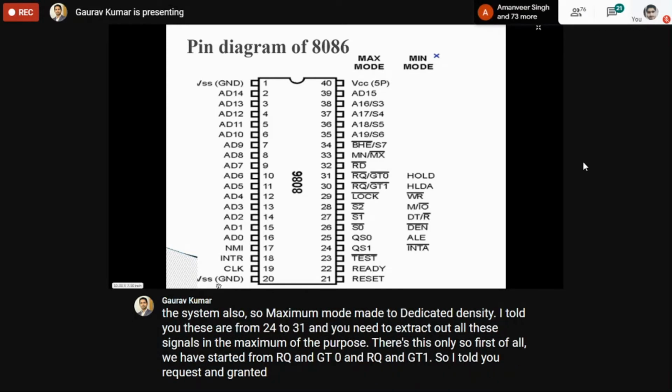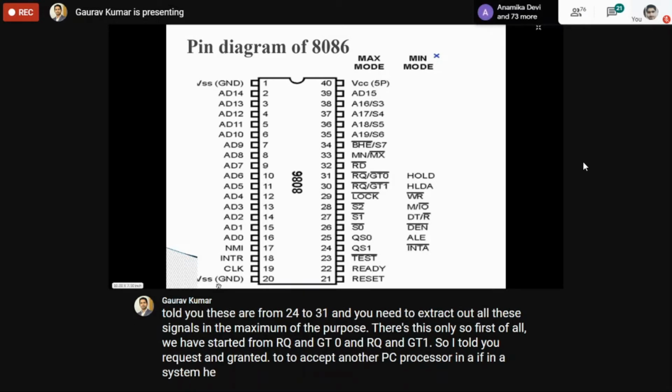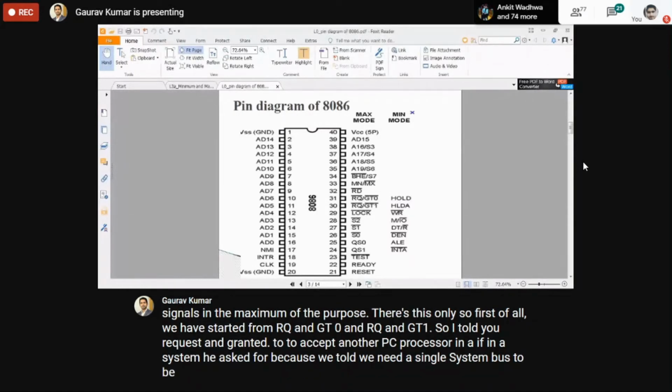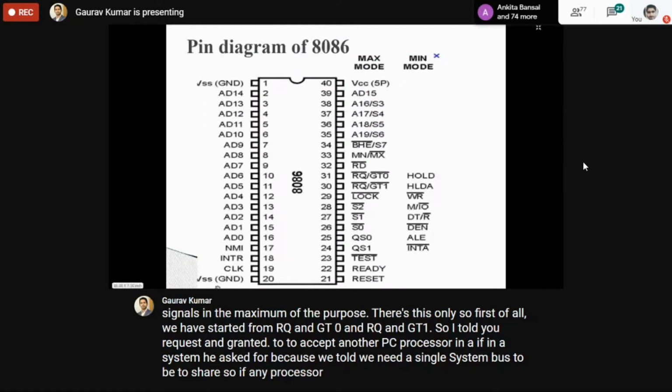Let us say processors A, B, C are there in the system. A owns the bus and is sending data on the bus. Let us say processor B needs access to the bus, so it will create a request. The processor which owns the bus will grant that request. This is how these pins work: request and grant. I told you three basic steps: request, grant, and release.